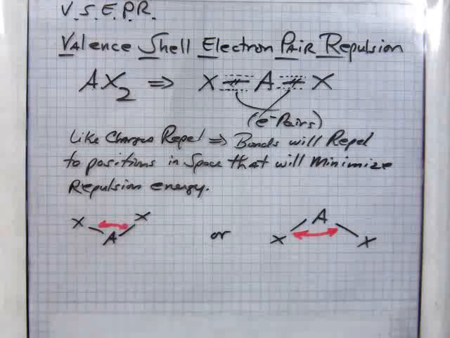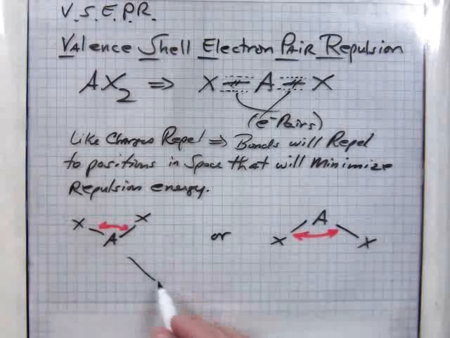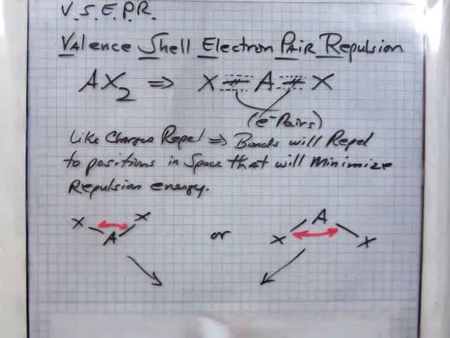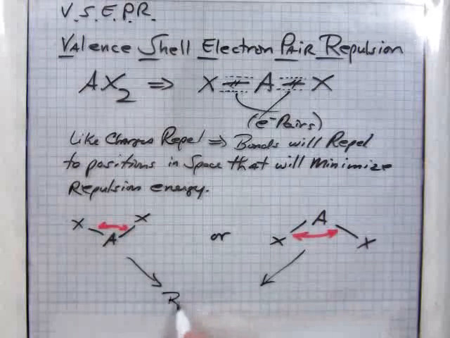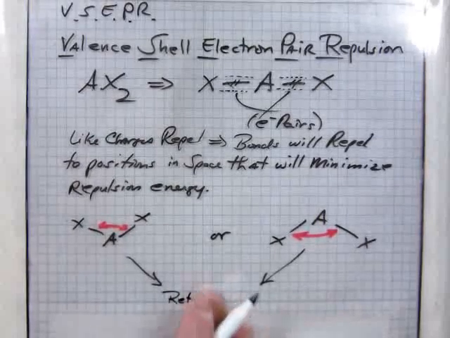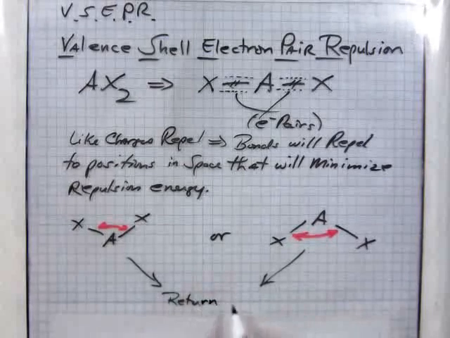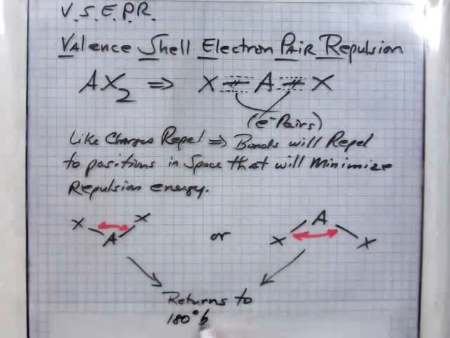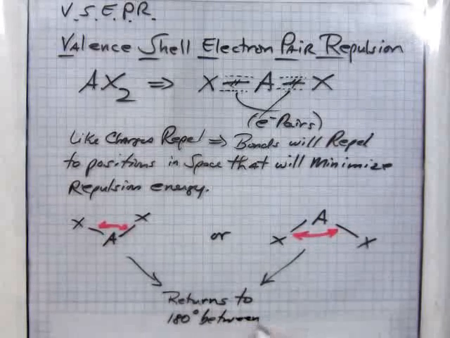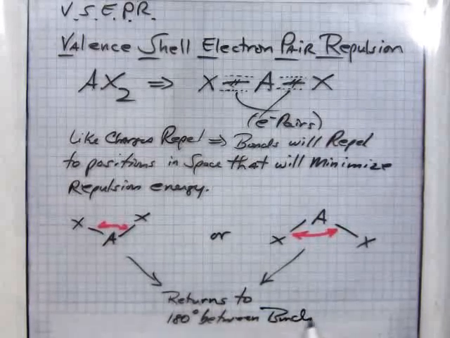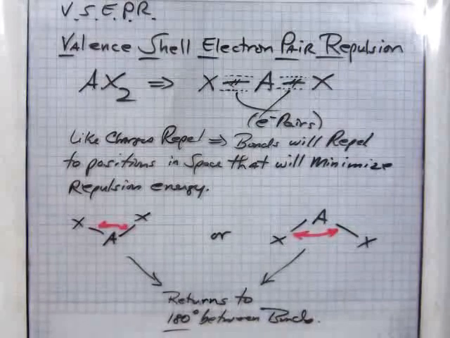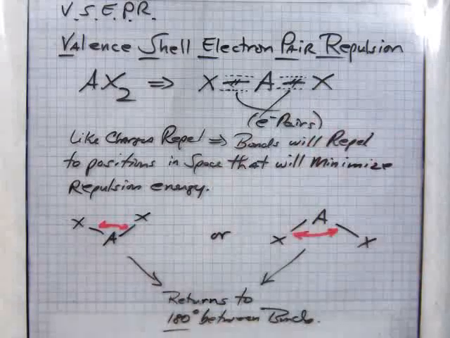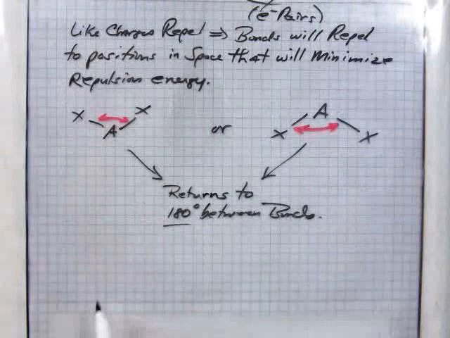This is the position in space which would minimize the repulsion of those bond structures. You know what 180 degrees is.